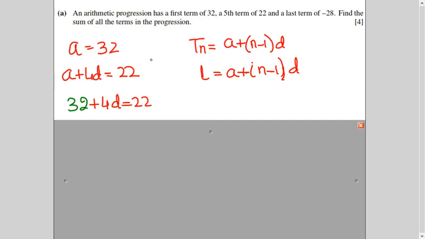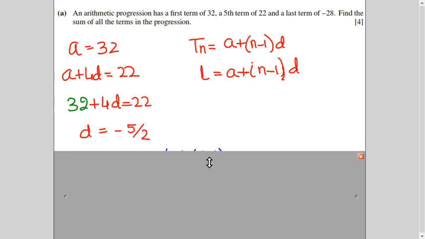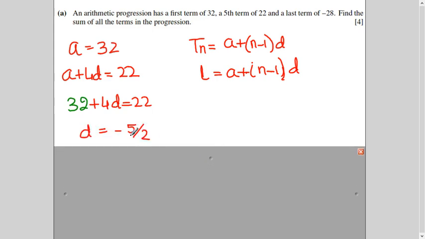Now first of all, we are finding d. So writing down here the value of a, which is 32, I'm solving these two simultaneously. It will help me get the value of d. So d is minus 5 over 2, right?